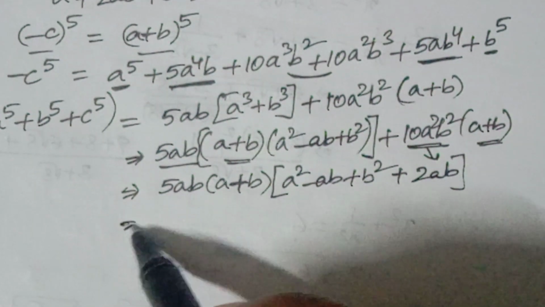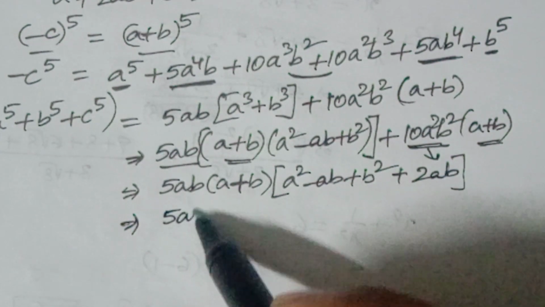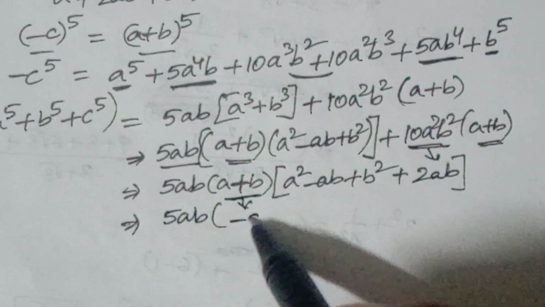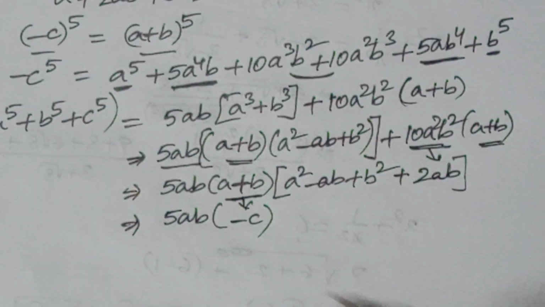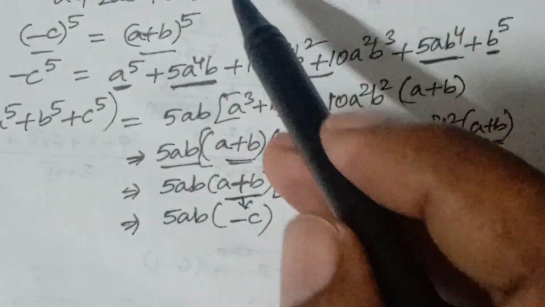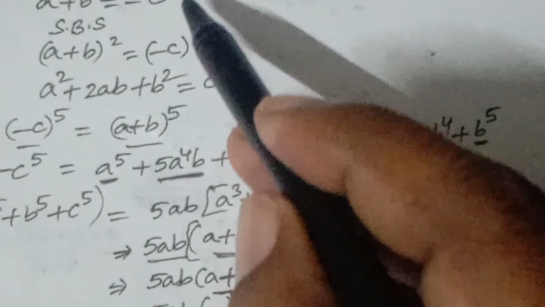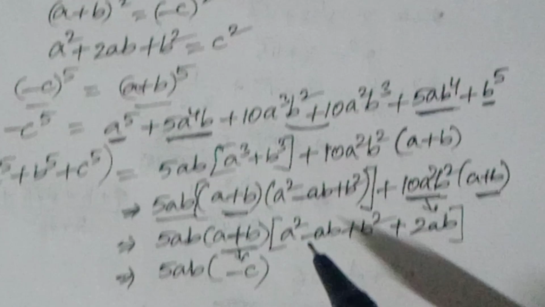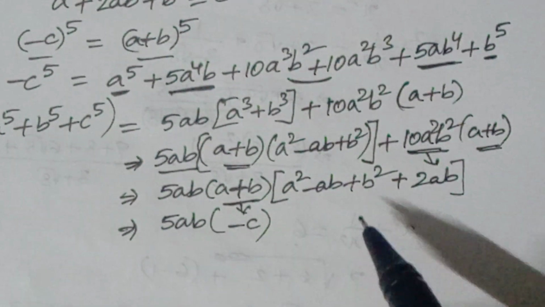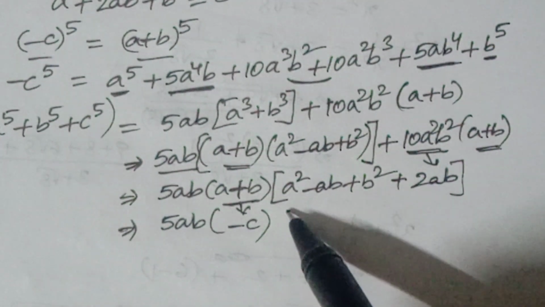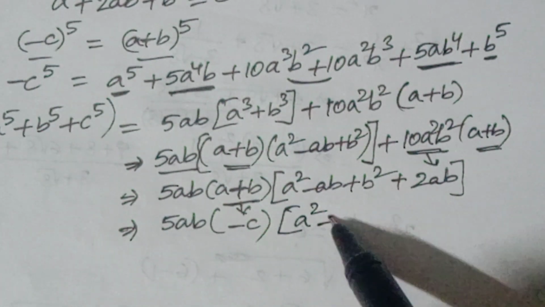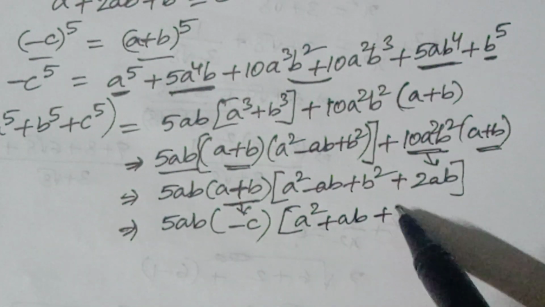Now here you can replace a plus b by minus c, that I am replacing here. Now in the bracket you will get a square plus ab plus b square.